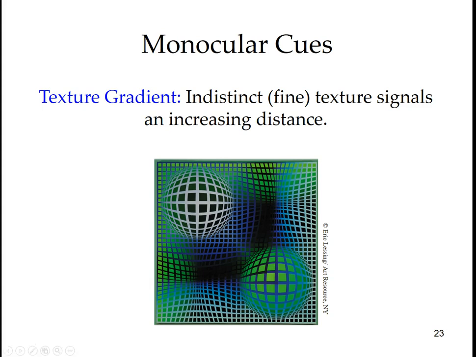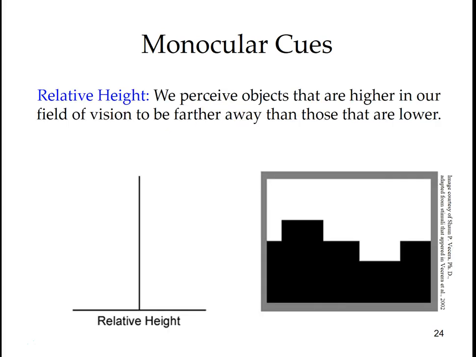Texture gradient: indistinct fine texture signals an increasing distance. The harder it is to see the texture, the less likely we are to think it's close by. Relative height: we perceive objects that are higher in our field of vision to be farther away than those that are lower.